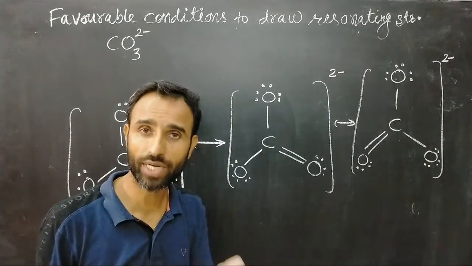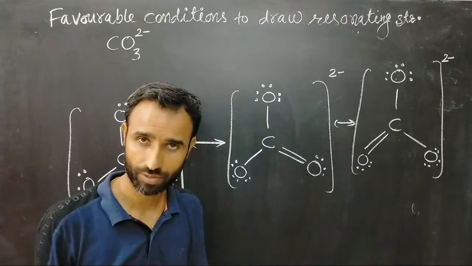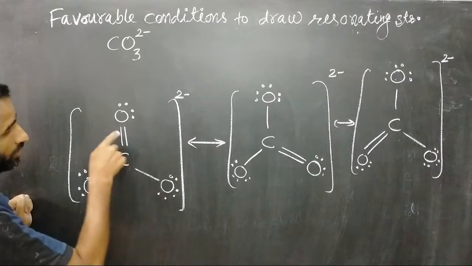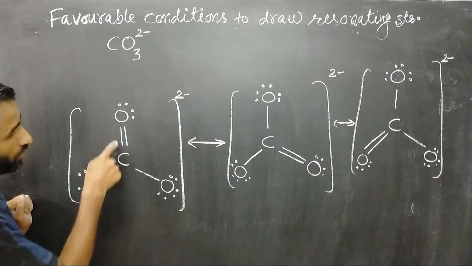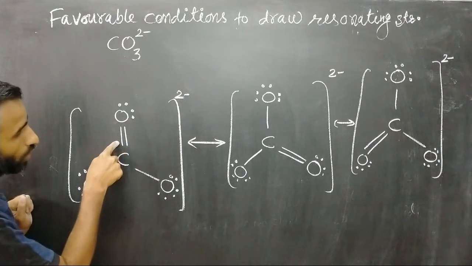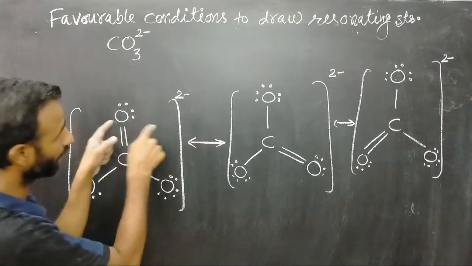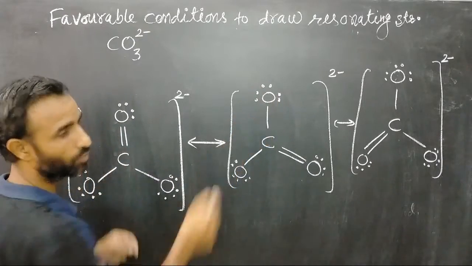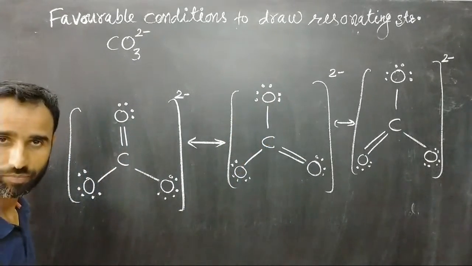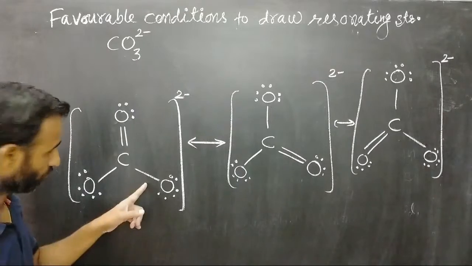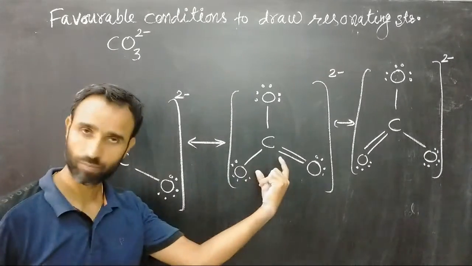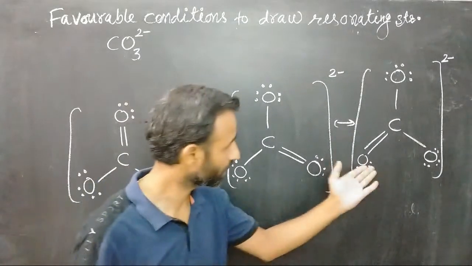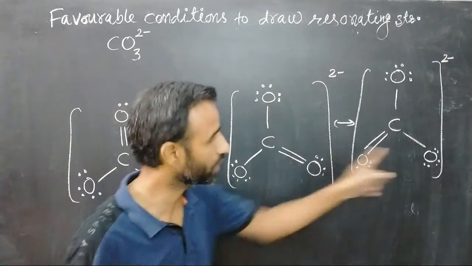Like if there is a double bond here, this oxygen has 2 bond pairs, 2 lone pairs, but in the other structure it has 3 lone pairs and 1 bond pair. This one remains the same, but these 2 interchange.